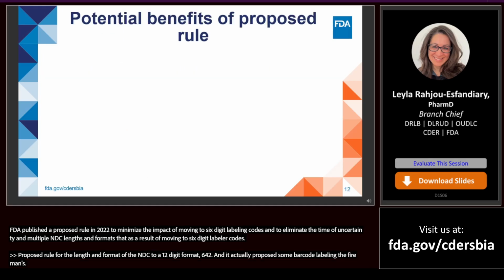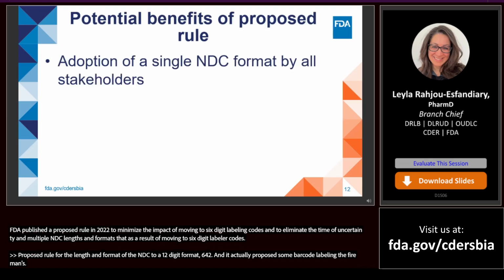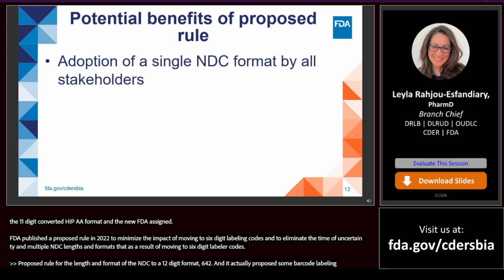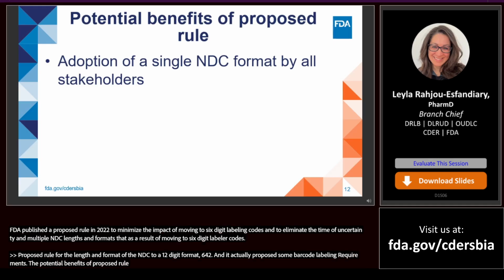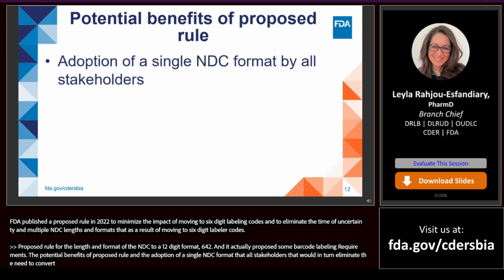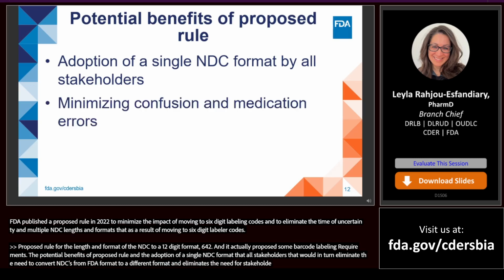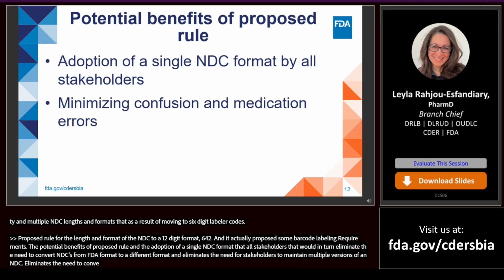To list some of the potential benefits, the proposed rule, once finalized, facilitates the adoption of a single NDC format by all stakeholders, which would in turn eliminate the need to convert NDCs from an FDA format to a different format, and eliminates the need for stakeholders to maintain multiple versions of an NDC. It also minimizes confusion and potential medication errors that could result from format conversions.